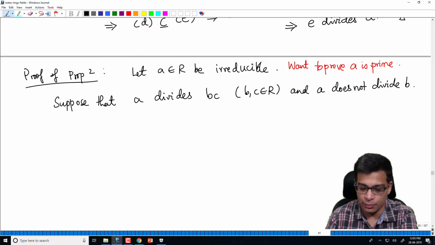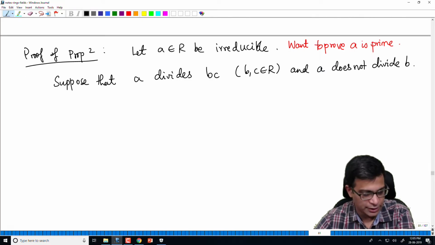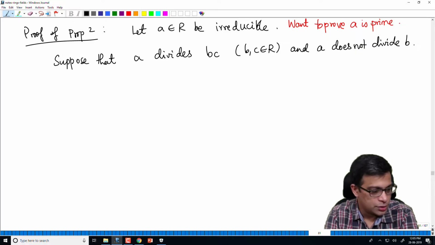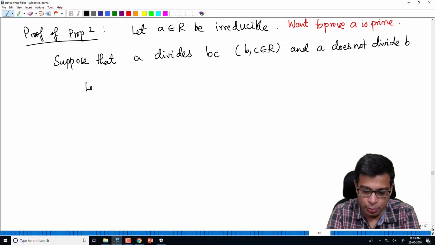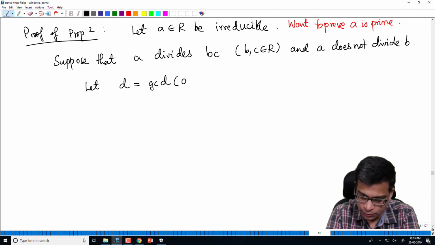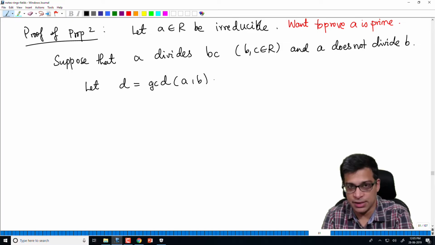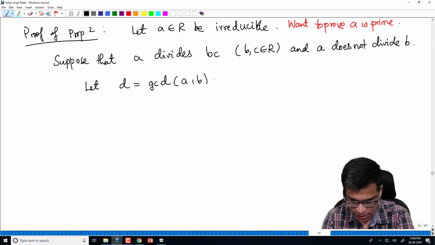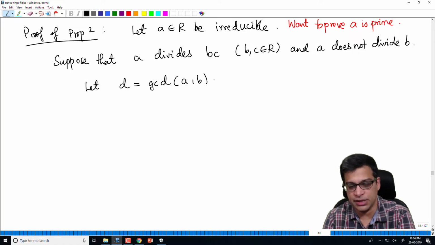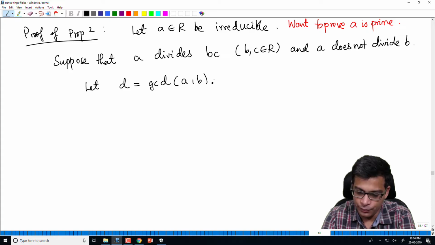Suppose it does not divide B, we are going to show that A divides C. So by proposition 1, there is a GCD of A and B. Remember, when I write GCD of A and B, it may suggest that there is a unique GCD, but I am not claiming that. This is just a convenient notation for me. All I am saying is that there is a GCD which I am calling D.